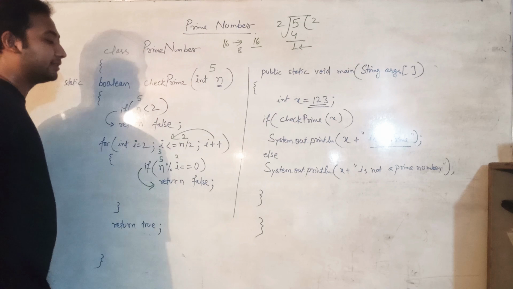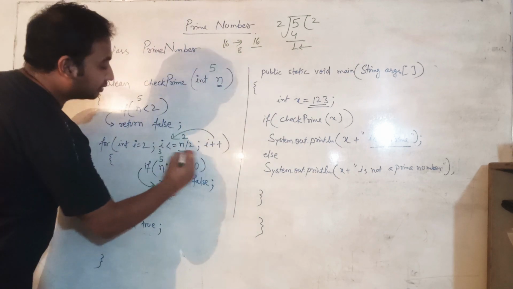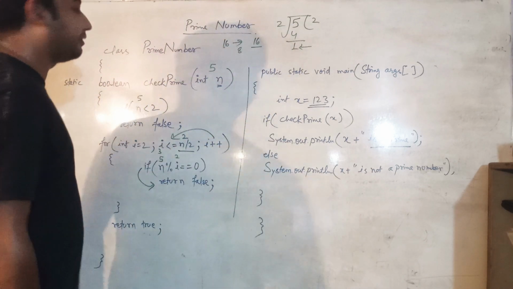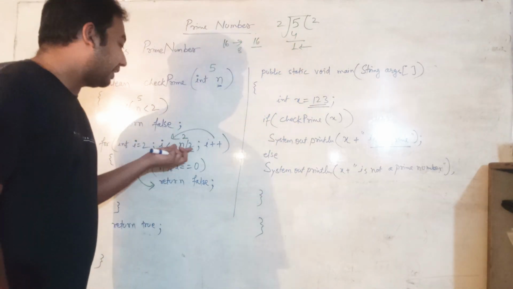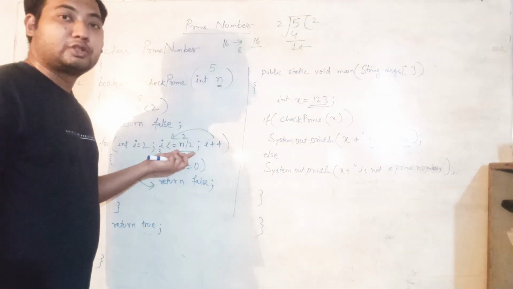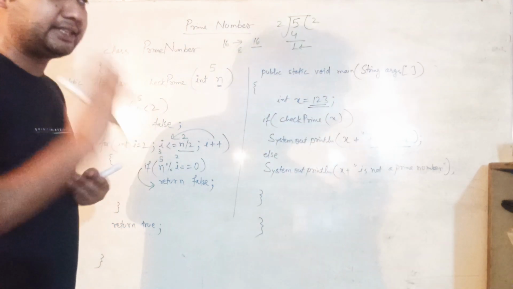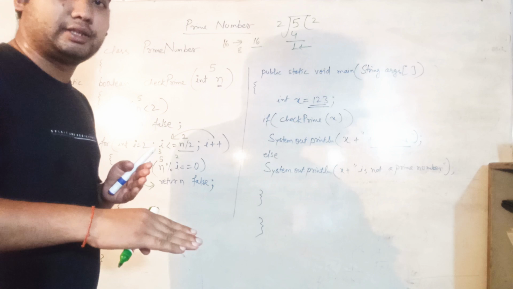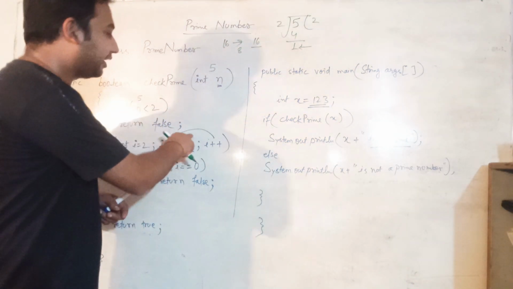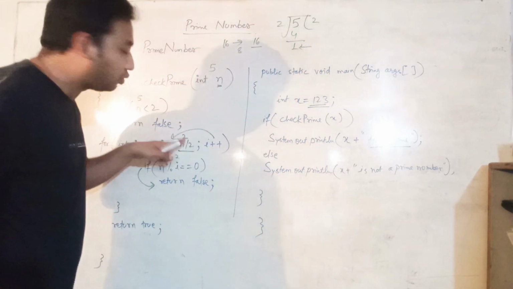The value of i is 3 and n by 2 is 2.5 we can think of, but it will be only 2 because both are integers. Okay, so if we are dividing an integer by an integer, then the answer will also come in integer form only. That's why it cannot be 2.5, it will be 2 only.